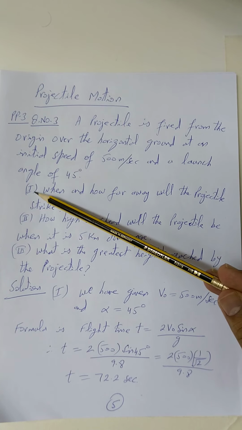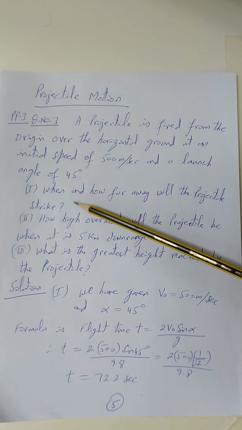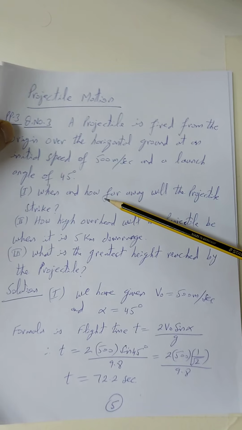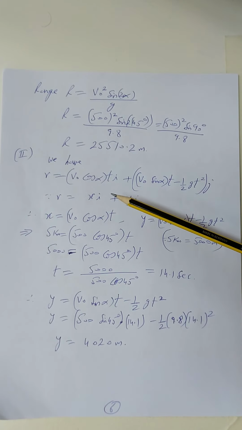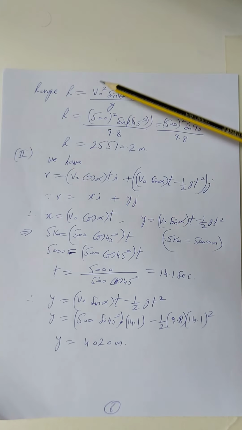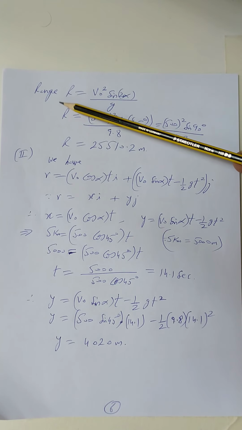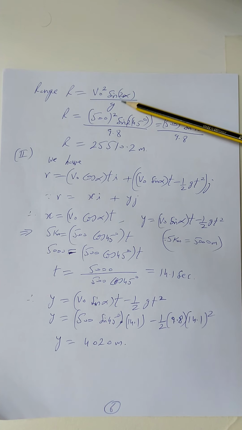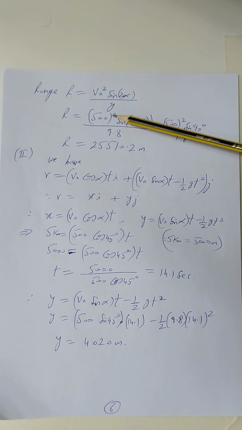In the first part there is also another question: how far? To find how far, the formula is for the range R, which is V naught squared times sine 2 alpha over G. The value of V naught is given, and the angle is 45, so multiplying 45 degrees by 2 gives sine 90 degrees.